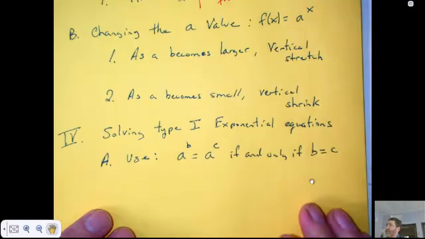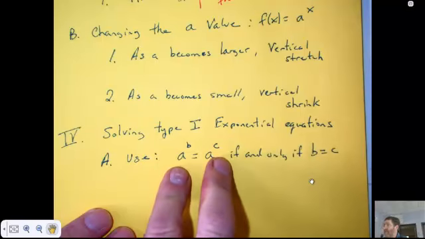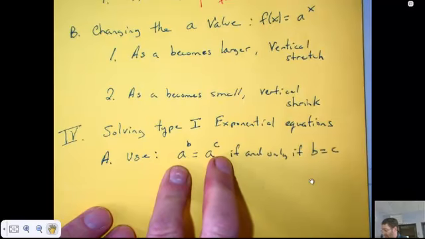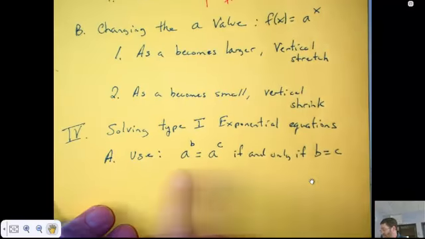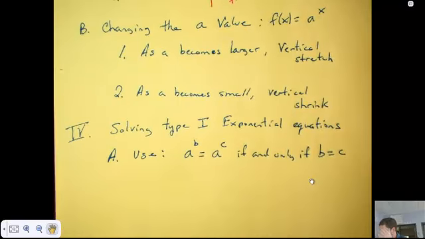Okay, that should make sense. It's pretty obvious. If I have two of the same base equal to each other, then the exponents must be equal, right? And so that's one pretty obvious one to use.